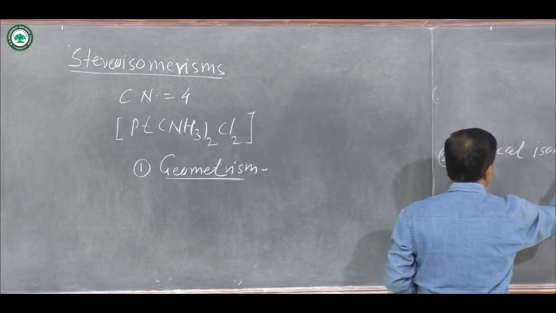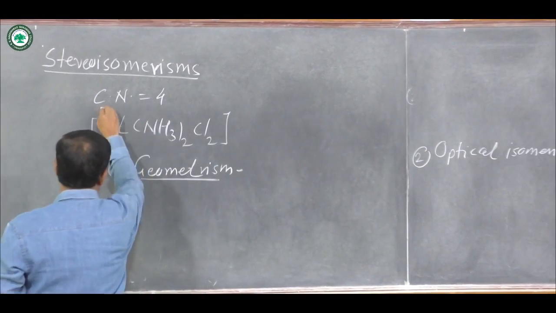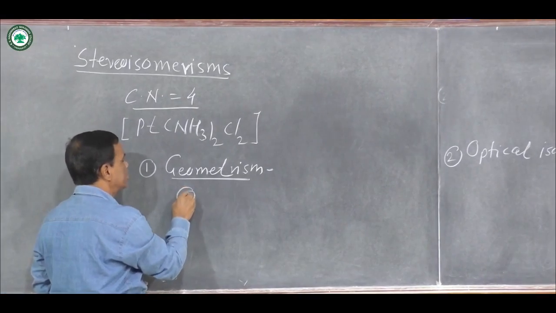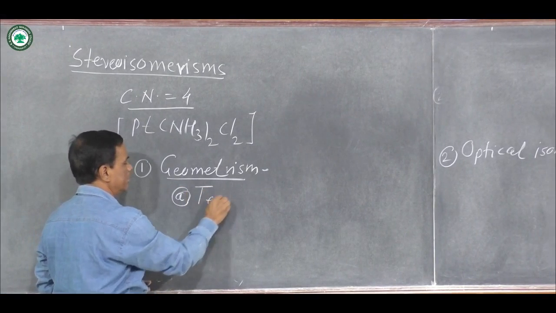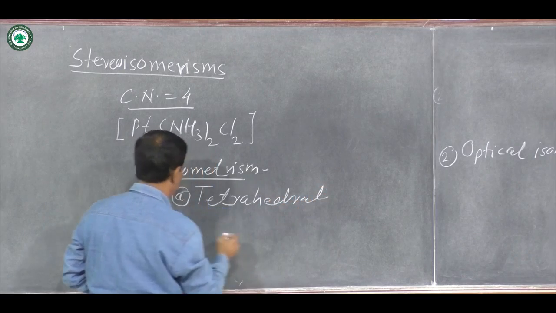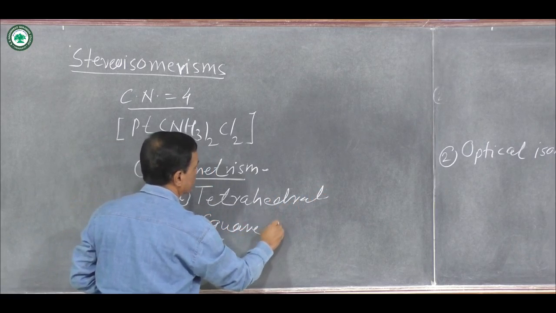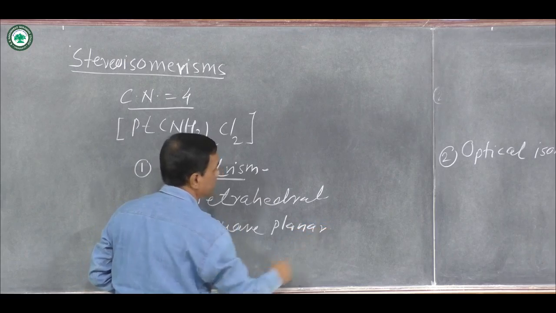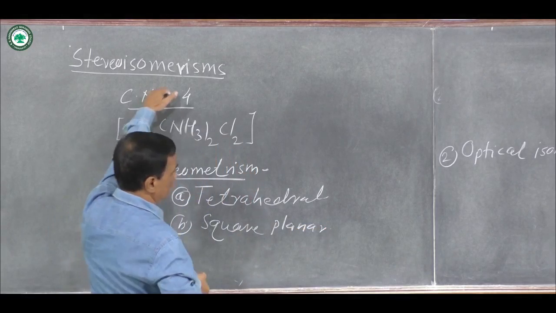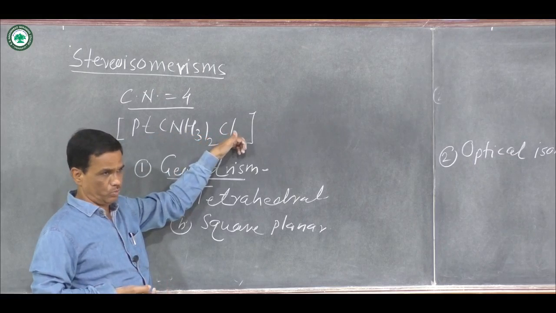In geometrical isomerism, when coordination number is equal to 4, there are two types of arrangement. First arrangement is tetrahedral, and second is square planar. Suppose this is one example, Pt(NH3)2Cl2.